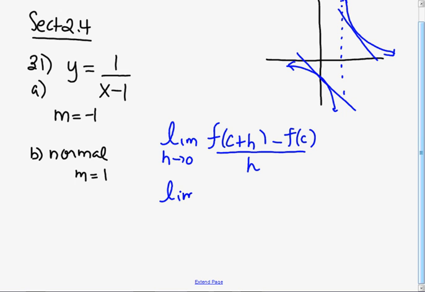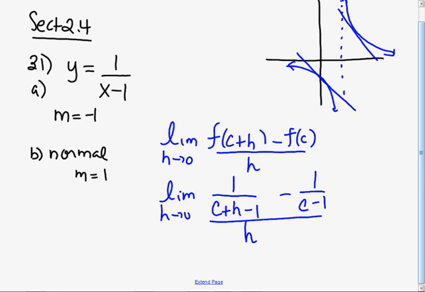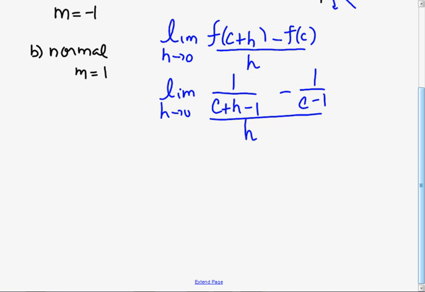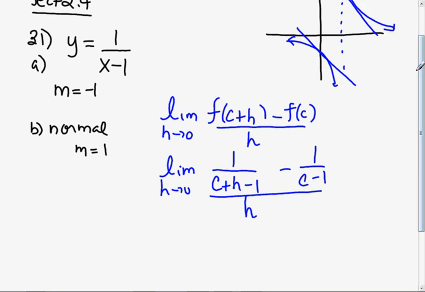So it's the limit as h goes to 0, so it's 1 over c plus h minus 1, minus 1 over c minus 1. Because it's f of c plus h, so in place of x, I'm going to put in c plus h. Then I'm going to put in c.